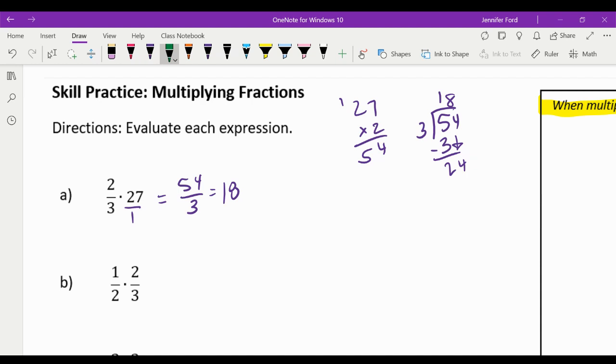You could also do this. So 2/3 times 27 over 1. If you notice, 27 is the same thing as 3 times 9. So this is like doing 2 times 3 times 9 divided by 3 times 1. This is essentially what we're doing.